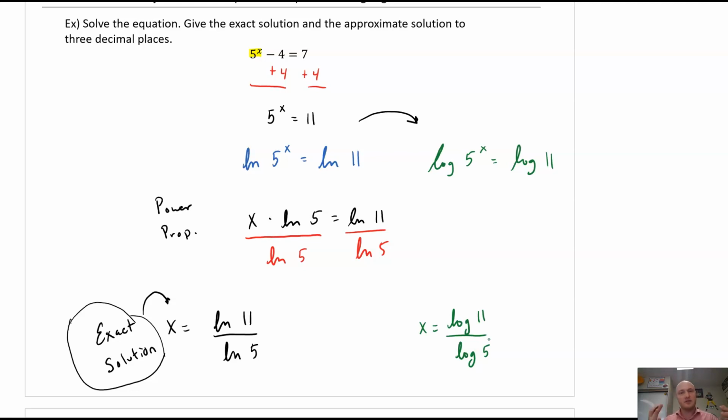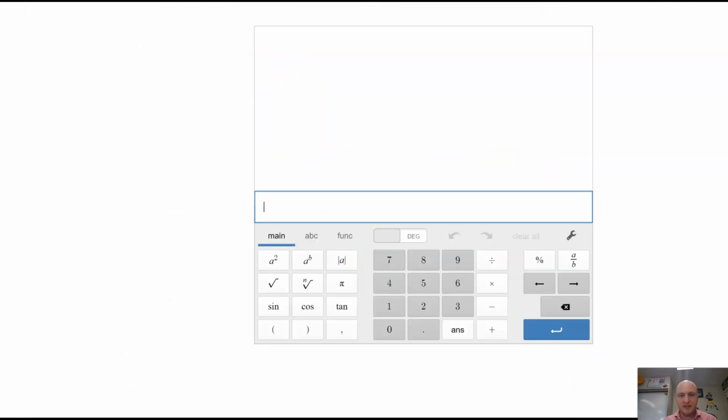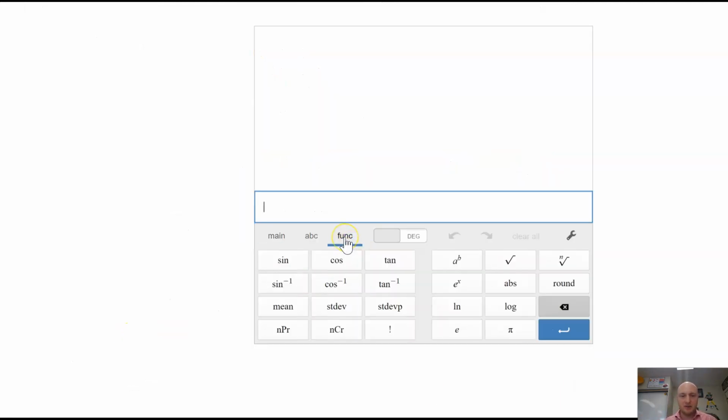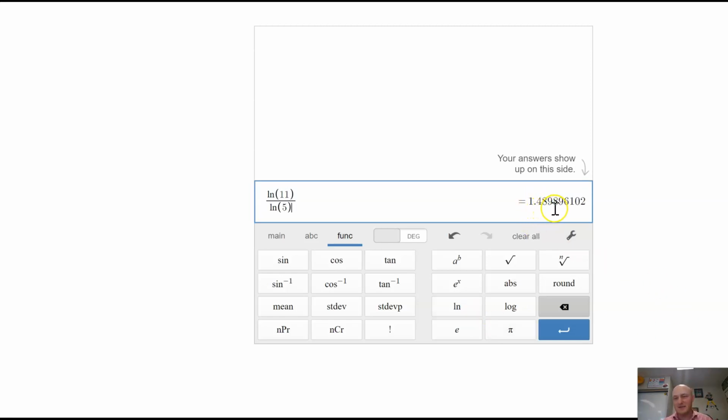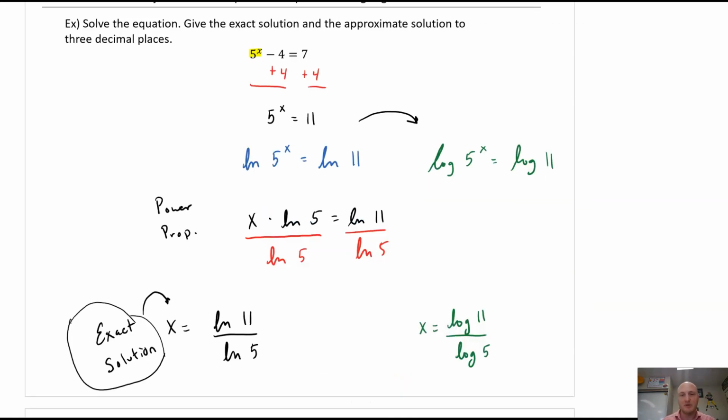Well, if I go to my calculator, I calculate ln of 11 divided by ln of 5, and you can see our answer here, 1.4898. So it looks like this is going to be approximately 1.490.